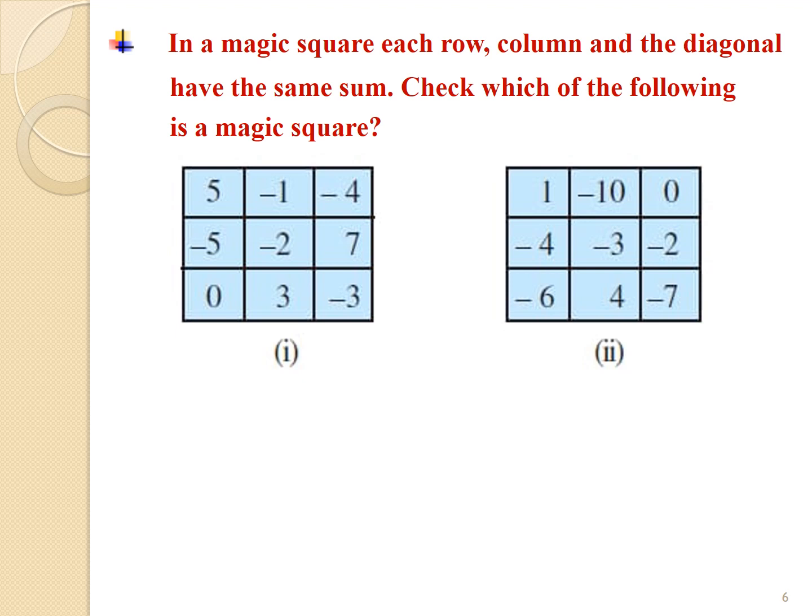If the sum of each row, that is, 3 rows, 3 columns and 2 diagonals are the same, then we write yes, the square is a magic square.